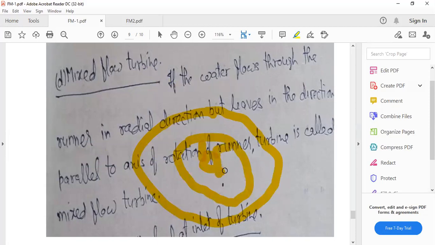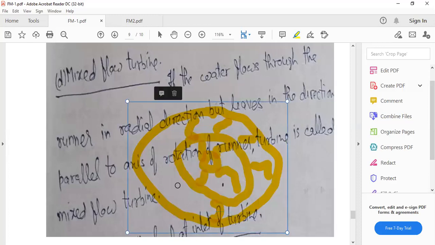These are the vanes, or these are the blades. Here we have other blades. In a similar way, we have blades on this whole periphery.